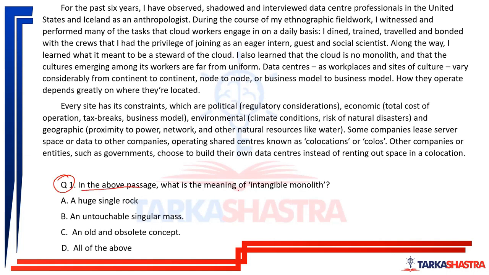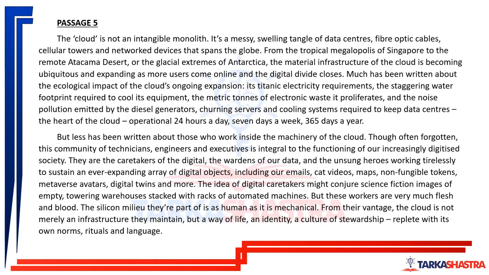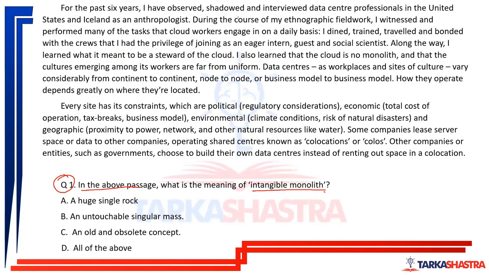In the above passage, what is the meaning of intangible monolith? Now let's go to where it has been mentioned. "The cloud is not an intangible monolith. It is a messy, swelling tangle of data centers, fiber optic cables, cellular towers, network devices that span the globe." Intangible basically means something that cannot be perceived through our sense organs.